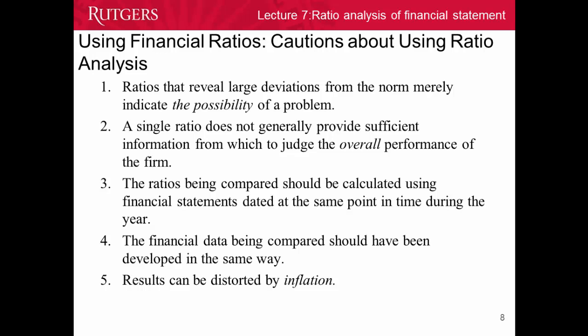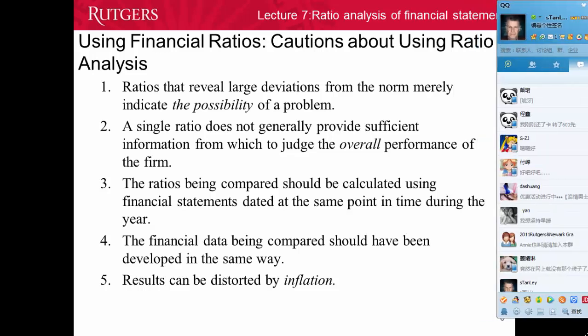However, in the real audit process, the sequence in which auditors see and use ratios can have an impact on the conclusions that auditors will make. This is also a research field that has been actively studied for many years. Third, the ratios being compared should be calculated using financial statements dated at the same point in time during the year.